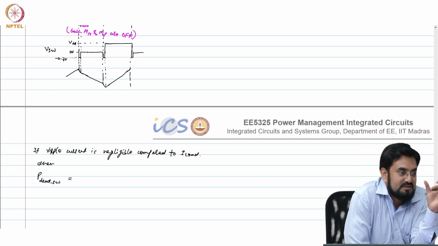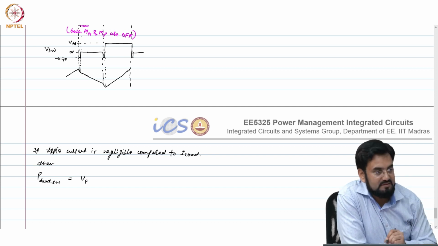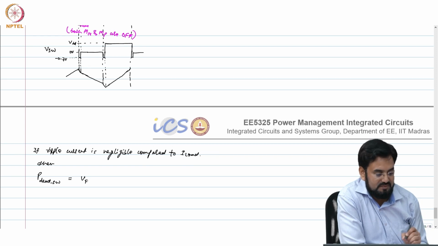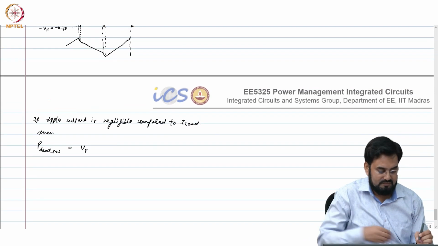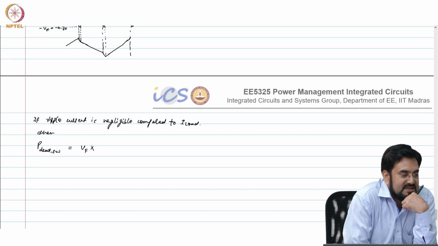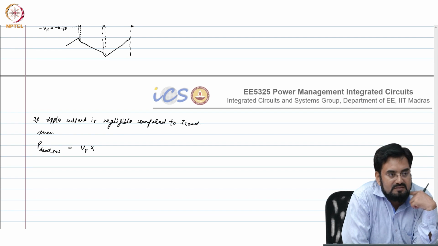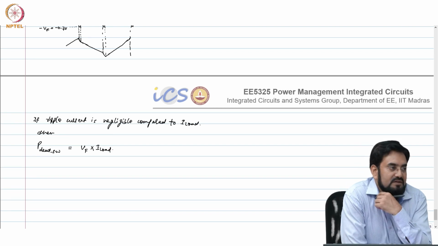What is the voltage? Voltage is VF, the forward voltage of the diode. Okay. Minus VF, multiplied by current. How much current is flowing in the diode? Load current.